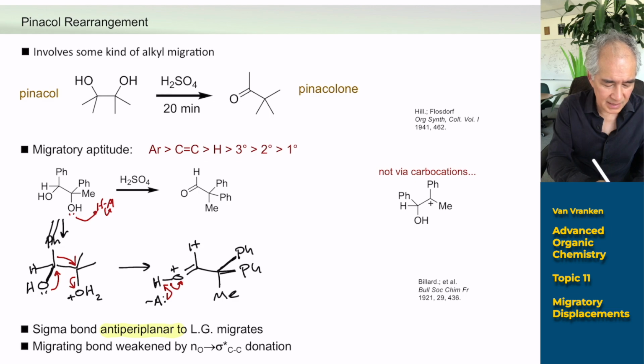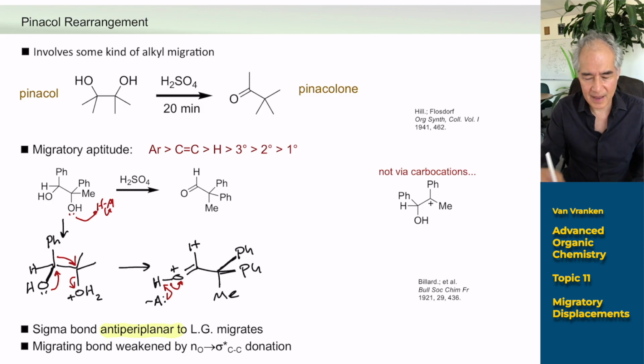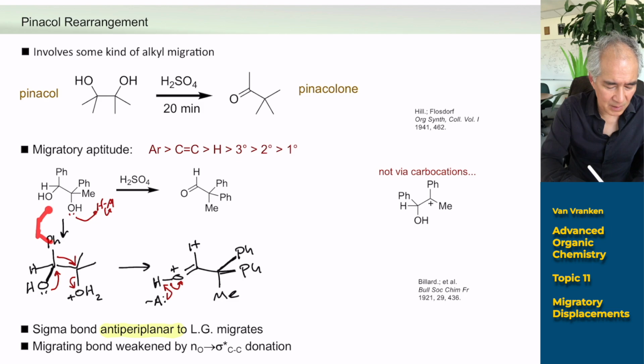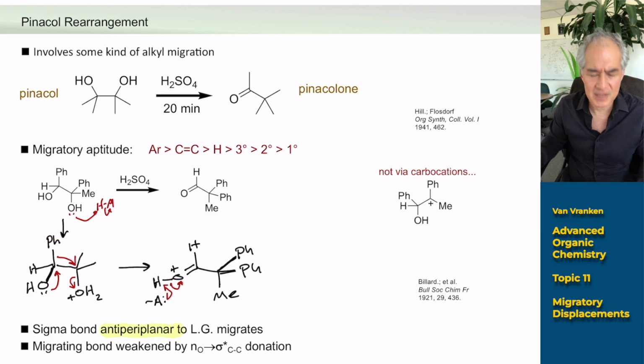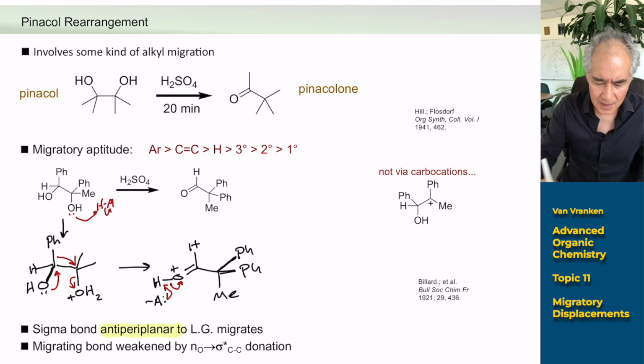If you had a double bond here, that would migrate faster than any of the alkyl groups. And finally, if you had a phenyl group like this, it migrates faster. And maybe that's a little bit easy to understand if we recognize that there's pi electrons in this benzene ring that can help participate to some extent during that migration, almost like that phenonium type situation. Okay, so that's the migrating group ability.